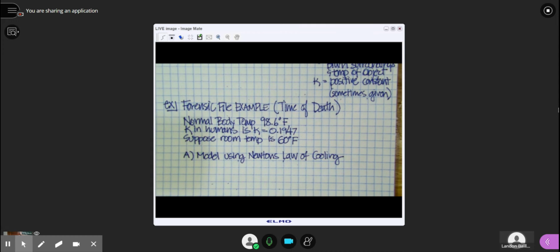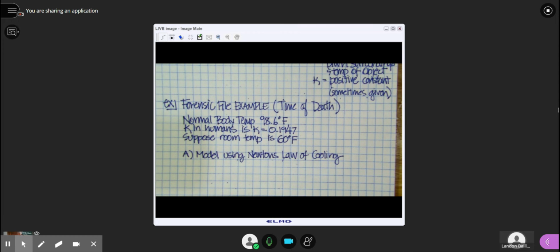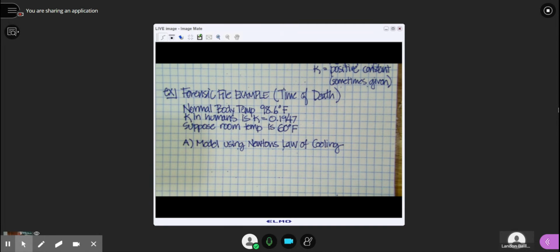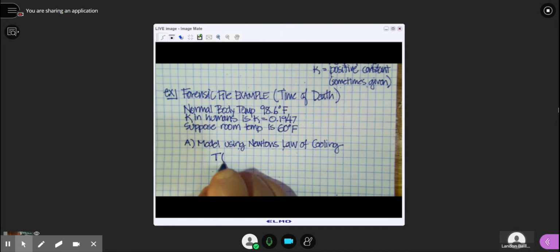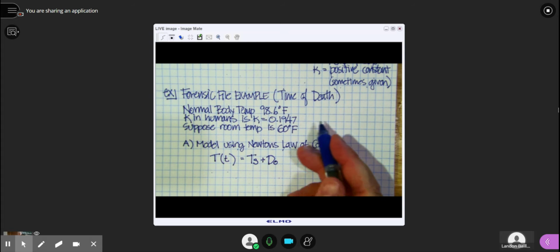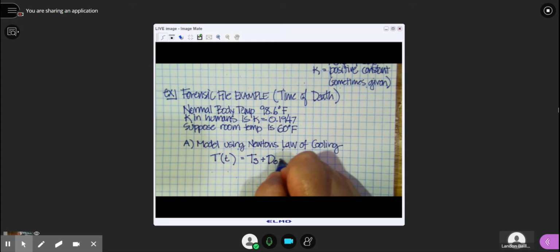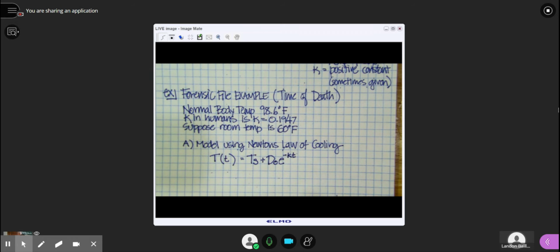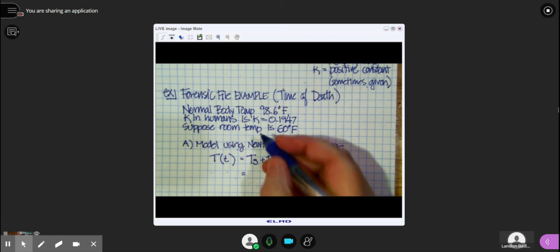All right, so we want to model this information using Newton's law of cooling. Our initial formula is temperature at time T is equal to the temperature of the surroundings plus the initial difference between the surroundings and, in this case, the body, times e to the negative K times time. What is the temperature of the surroundings? 60.